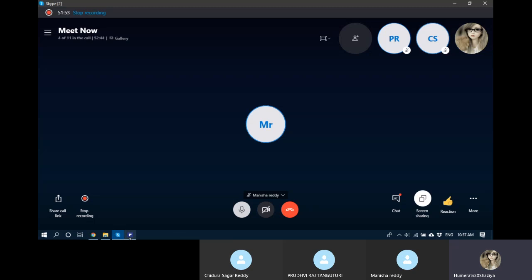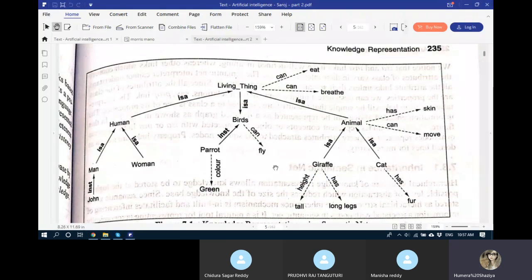Okay students, I hope that you are able to understand. This is a hierarchical structure. This hierarchical structure represents the knowledge which I just read. John is a man, is a human, and woman is also a human. And green is the color of parrot, and parrot is an instance of bird.